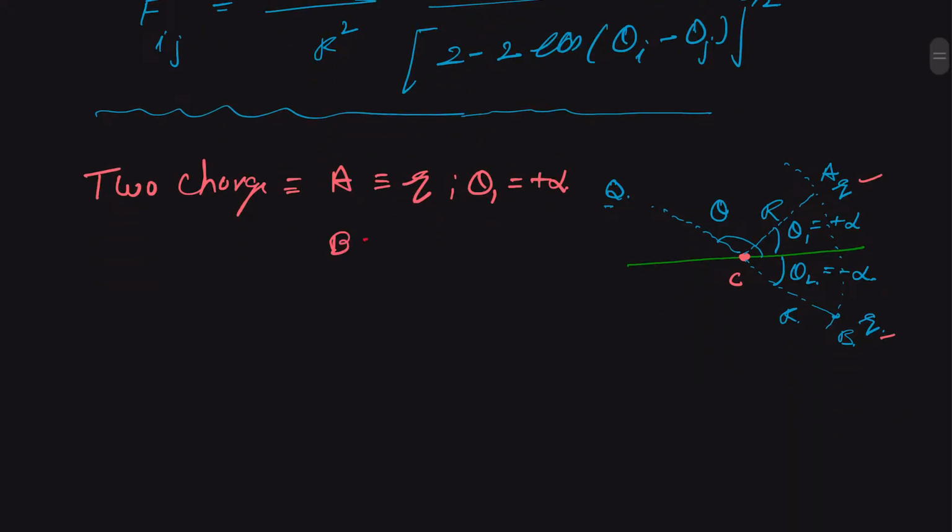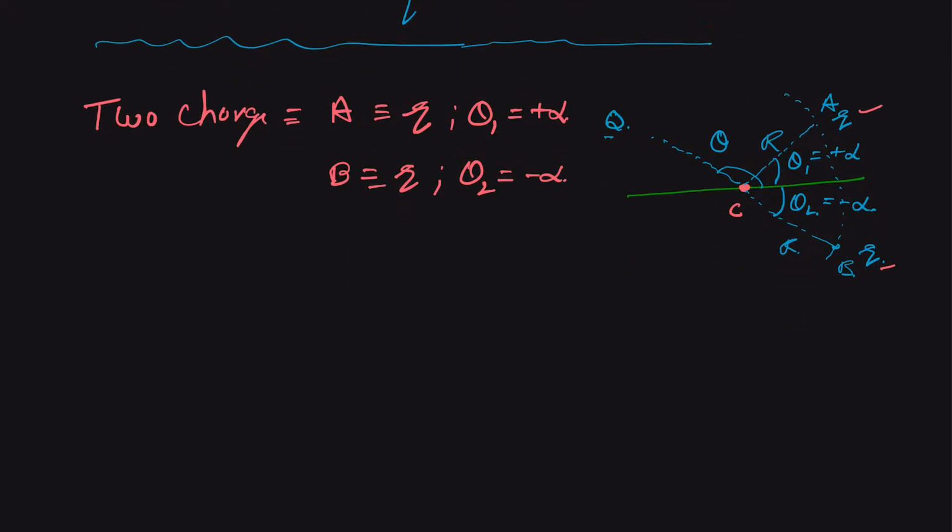The second charge is at B, Q, and that is our theta 2, and it is our minus alpha, and the angle between them is 90 degrees. Okay, therefore we can say that this 2 alpha will be equal to 90, and this gives us that alpha will be equal to 45, okay, which is nothing but our theta 1 as well as theta 2, and this is our known angle which we are going to find out.